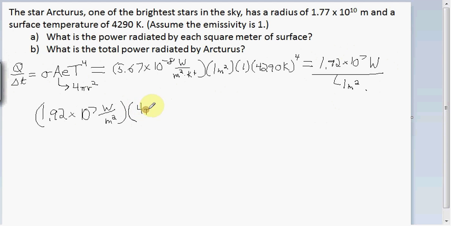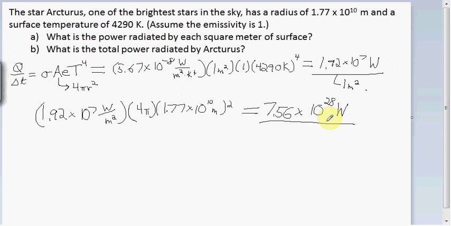So 4 pi times our radius, which is 1.77 times 10 to the 10th meters, squared, and altogether that gives us the whopping big number here of 7.56 times 10 to the 28th watts. That is one big, powerful light bulb.